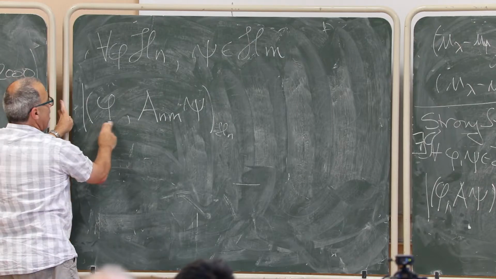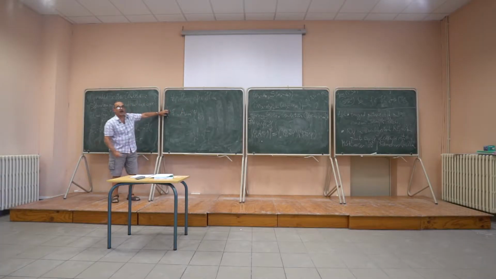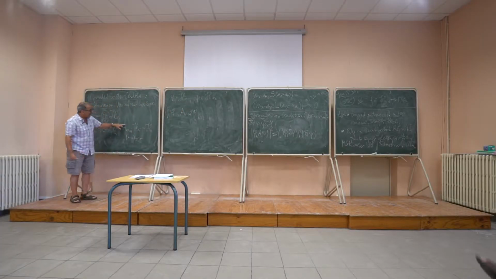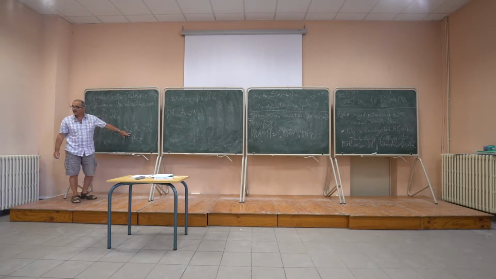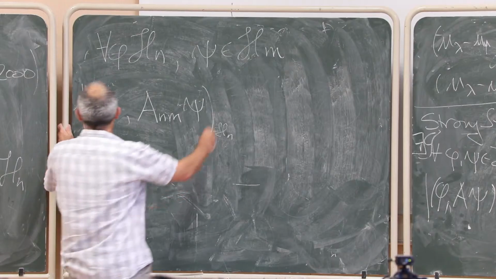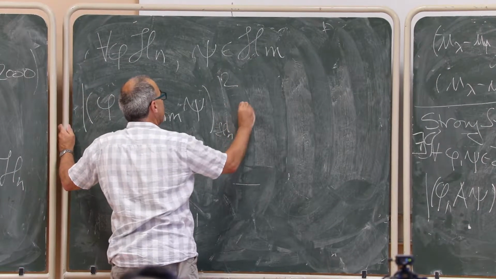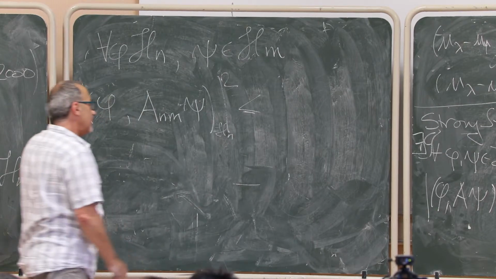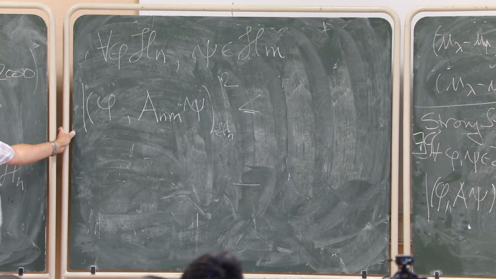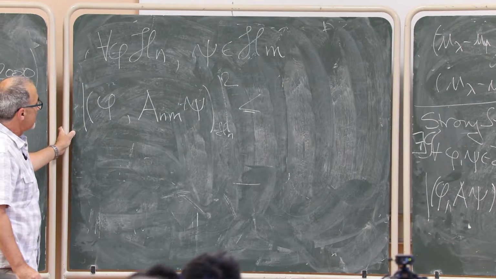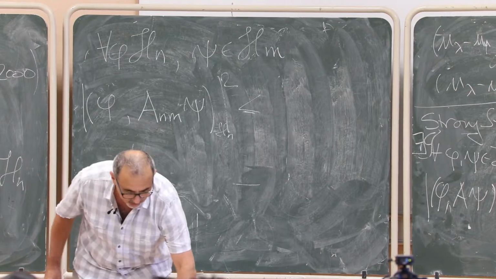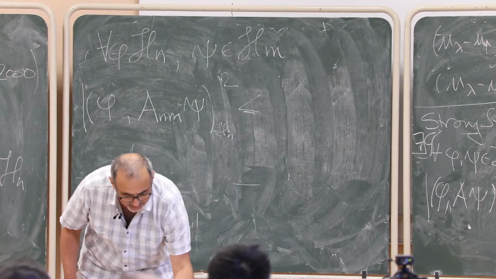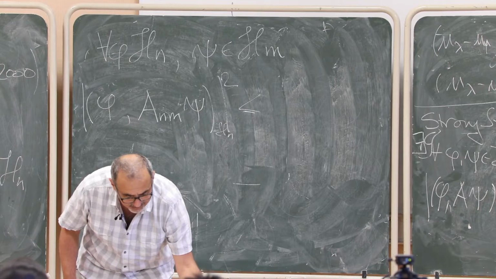Yes, because you could push this on the other side. Of course, A star of Mn is minus A of Nm. That's easy to see, right? So this squared is dominated, and now this is complicated a little. Again, maybe I should follow my notes because I will make a mistake otherwise. Give me a second.